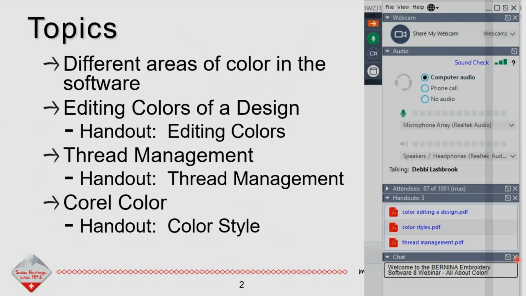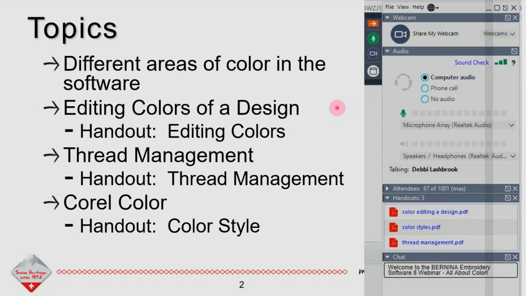I'm going to talk about the different areas of color in the software, first of all, and go through a PowerPoint. And there are 3 handouts that I will be touching upon. These handouts can be downloaded, and to download them, if you click on the control panel, this arrow that's on with the background of orange will open up the control panel, and you will have 3 PDF files that you can download and have as we go through the webinar.